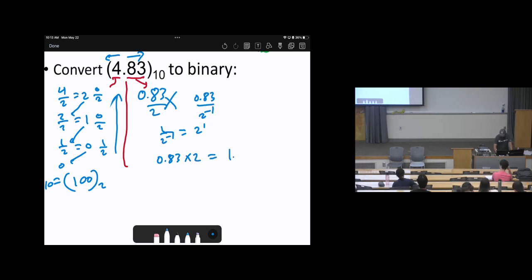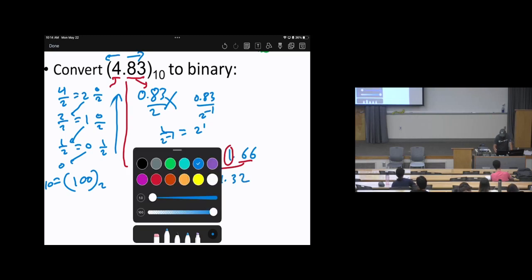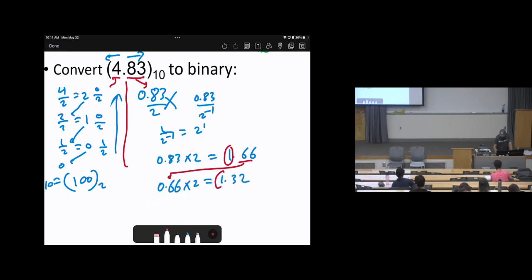So it will be 1.66. Now, take the integer off, or you can circle the integer, and take only the non-integer part here. So the non-integer part is 0.66. Changing the colors sometimes messes me up. So 0.66 times 2 will be 1.32. Now circle the integer and take only the non-integer part.